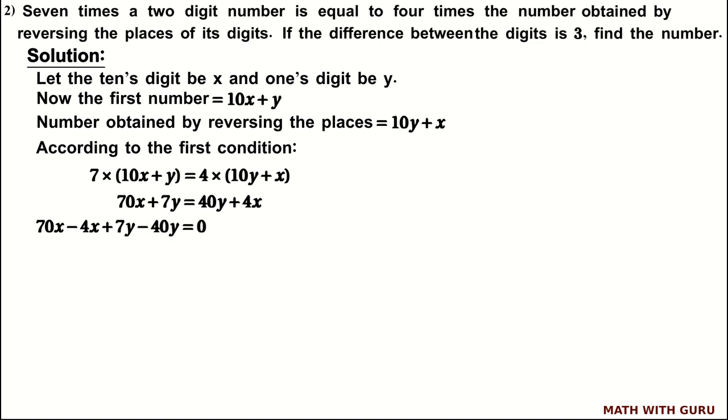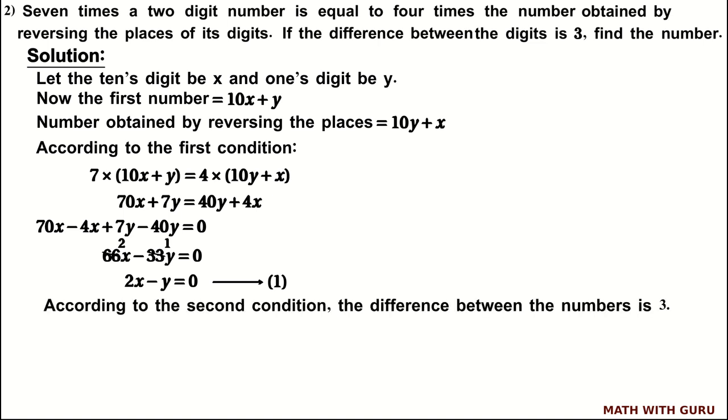Let us arrange all the terms on the left hand side with like terms together. 70x minus 4x plus 7y minus 40y equals 0. 70x minus 4x is 66x, plus 7y minus 40y gives minus 33y. 33 is a common factor here. 33 ones are 33, 33 twos are 66, therefore we get 2x minus y equals 0. Let us name this as equation 1.